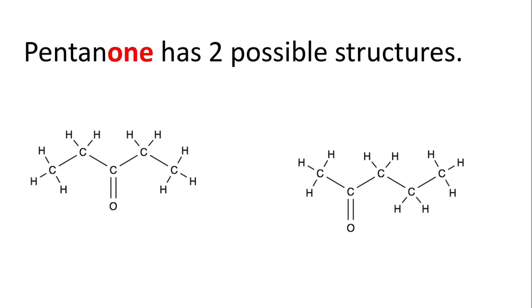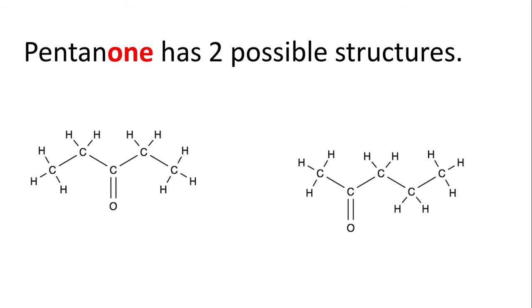As soon as we get above butanone, once we get into pentanone and above, we start having structural isomerism. So pentanone has 2 possible structures. Here they are. Now we use our similar naming styles, adding a number in front to say which carbon the carbon double bond to oxygen is at. Both of these are 5 carbons long, so both are pentanones.